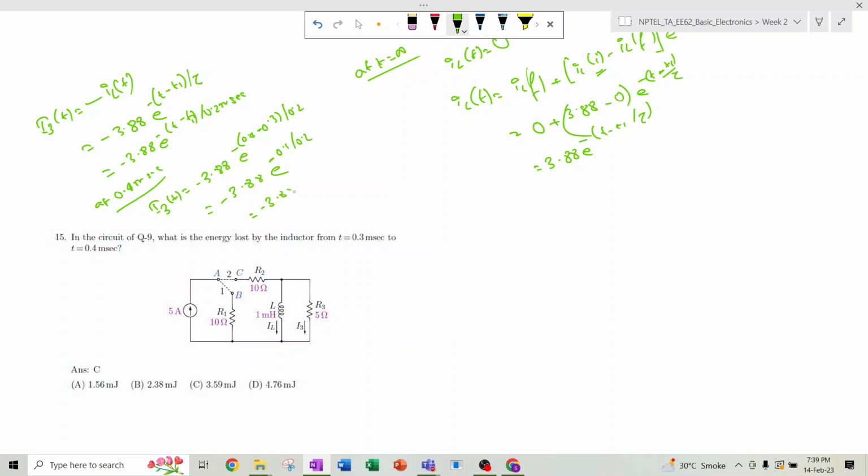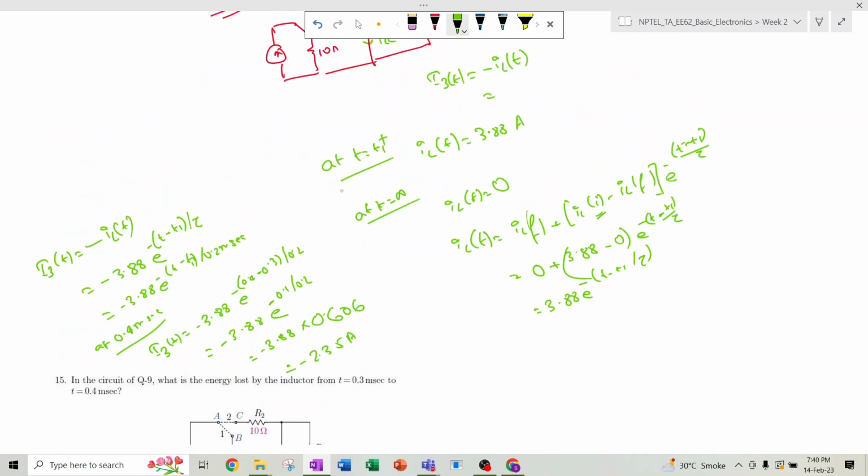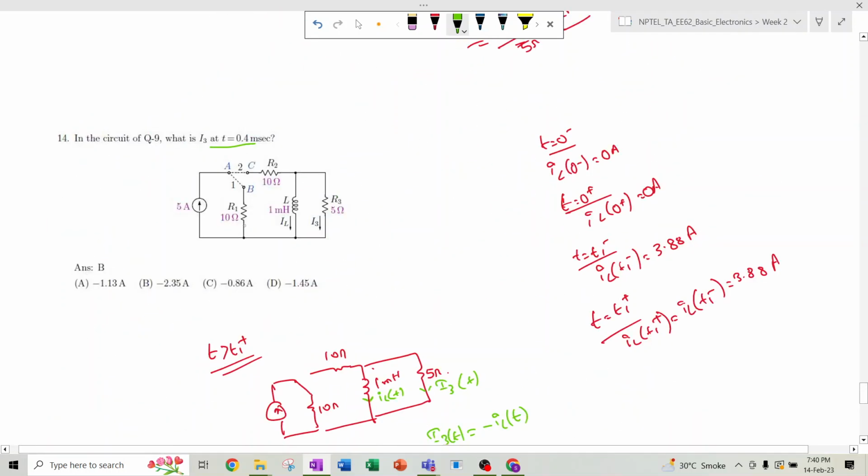The exponential is 0.606, and multiplied with 3.88 it gives minus 2.35. So the value of I3(t) is minus 2.35 ampere.